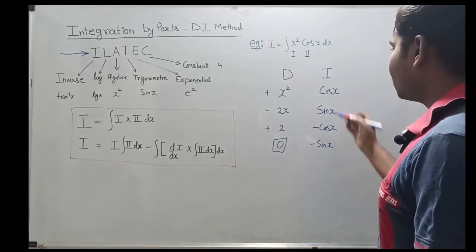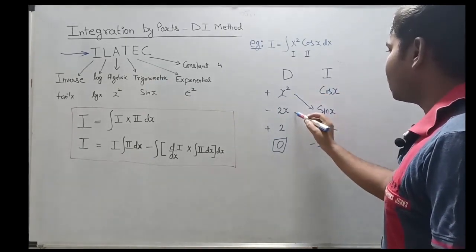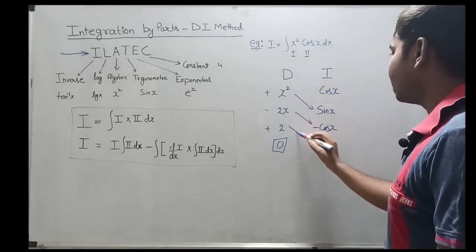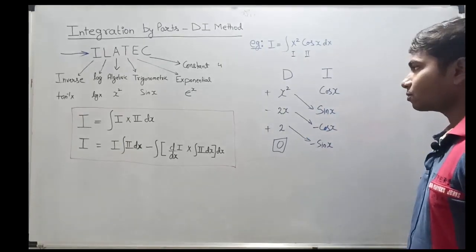Another thing, we have to multiply: first we have to multiply this, and then we have to multiply this, and then we have to multiply this. This will be our answer for the integration.